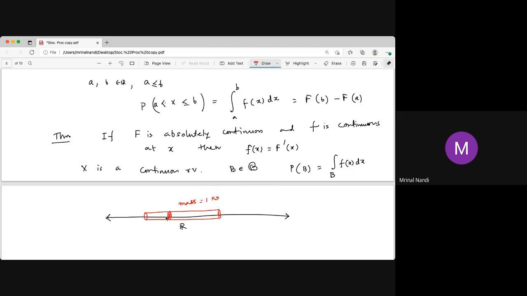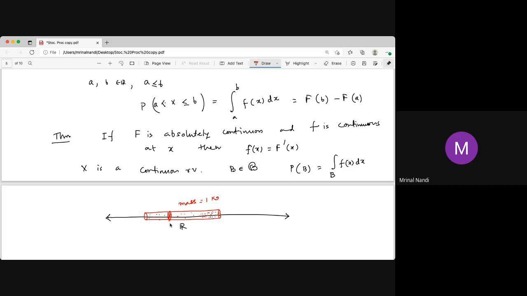Now it may not be a uniform rod, so somewhere it may be a smaller density, somewhere a bigger density. Say here it is more dense, and here it is slightly lighter. So the total mass is 1, and the mass of every cross sectional area is 0.